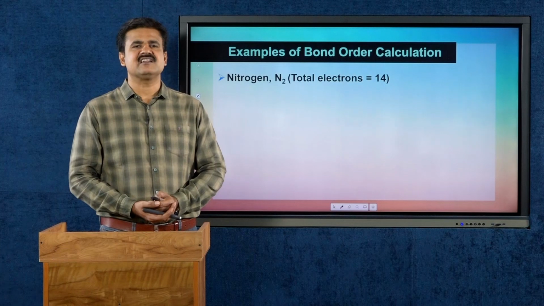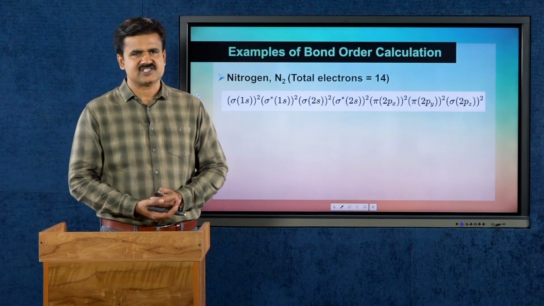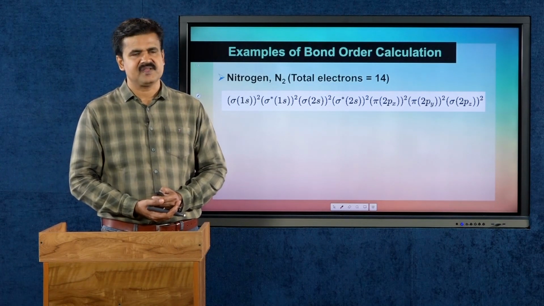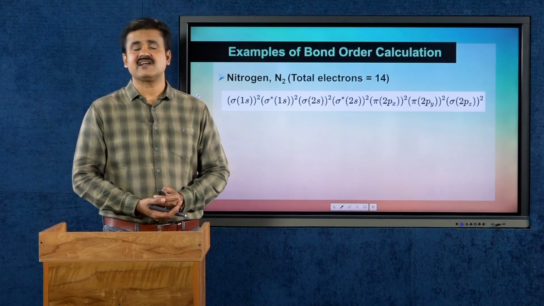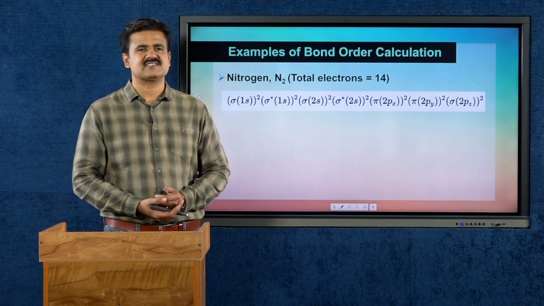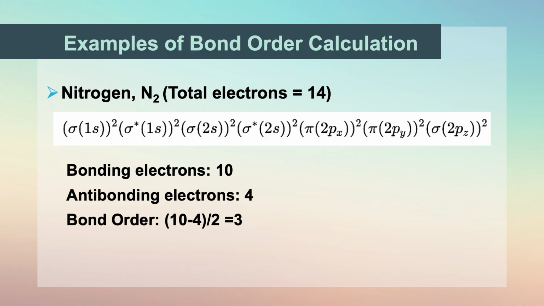In the case of nitrogen, there are a total of 14 electrons with this MO configuration, and you can pick up bonding and antibonding electrons. Electrons present in starred orbitals are antibonding electrons, whereas electrons present in non-starred orbitals are bonding electrons. On careful looking, we can arrive at the conclusion that the number of bonding electrons is equal to 10 and the number of antibonding electrons equal to 4.